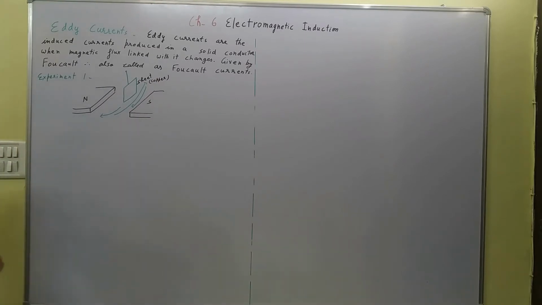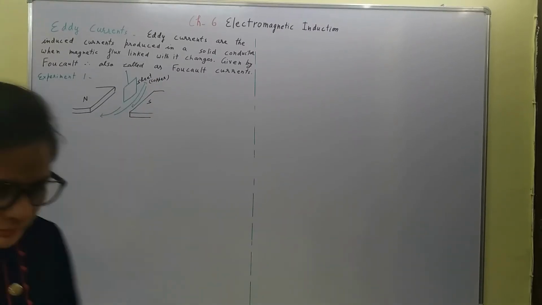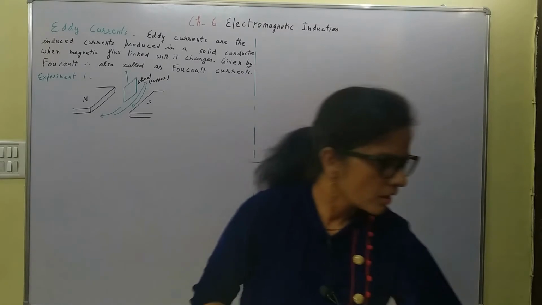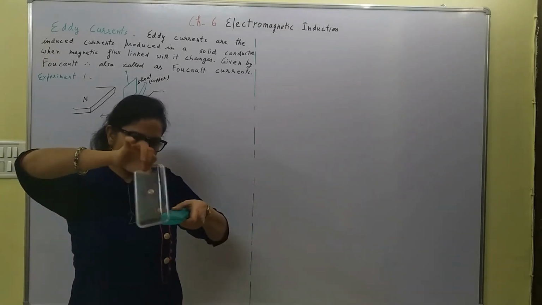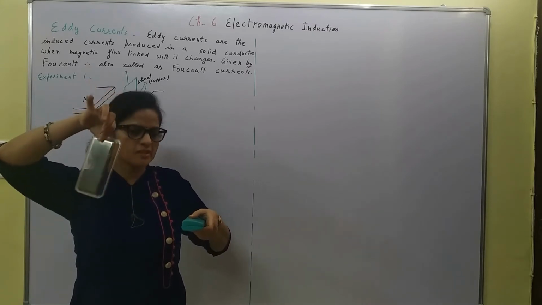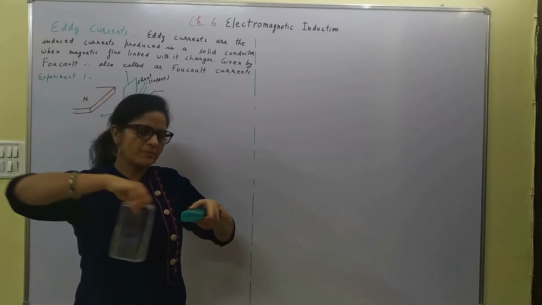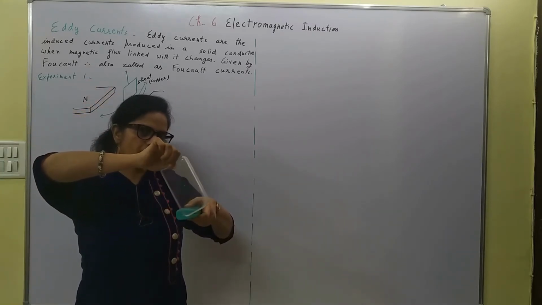So what happens is that when this sheet is moving towards the gap between the magnets, what is happening?